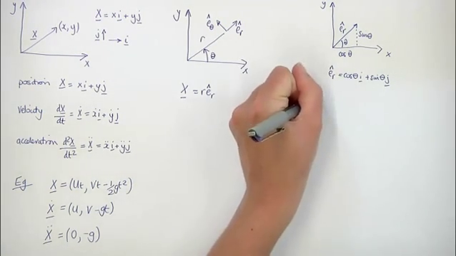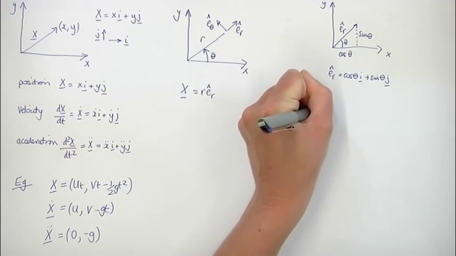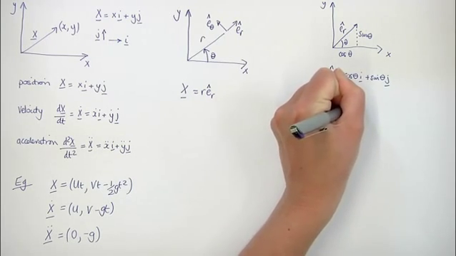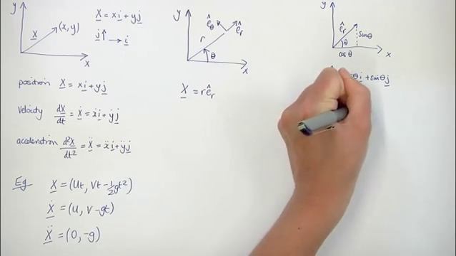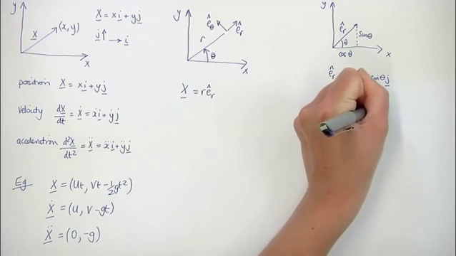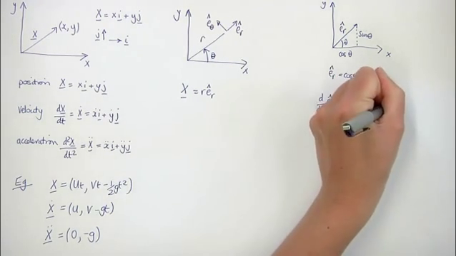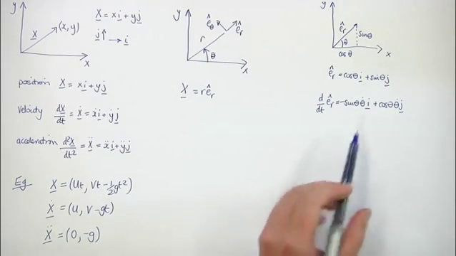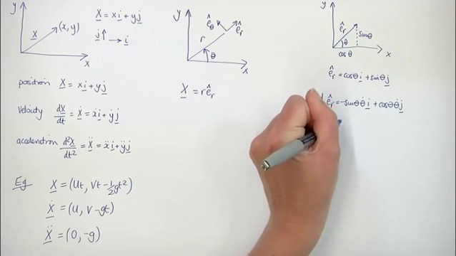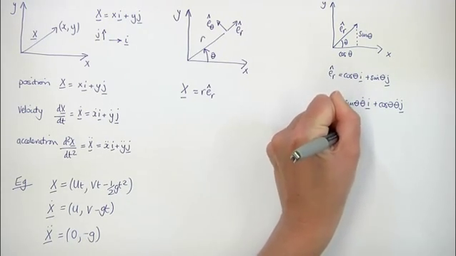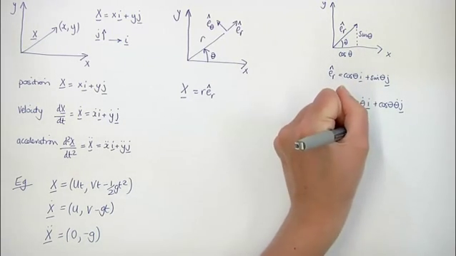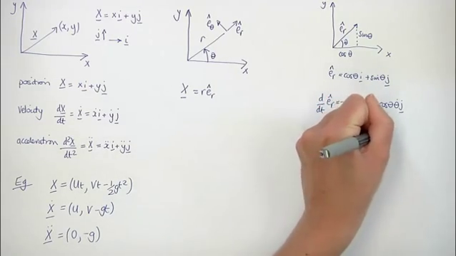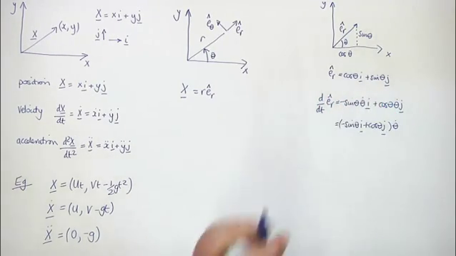So, d by dt of er hat is equal to minus sine theta times d theta by dt, or theta dot, i, plus cos theta times d theta by dt, or theta dot, j. So we can simplify this by taking theta dot out, and we have minus sine theta i plus cos theta j, all multiplied by theta dot.